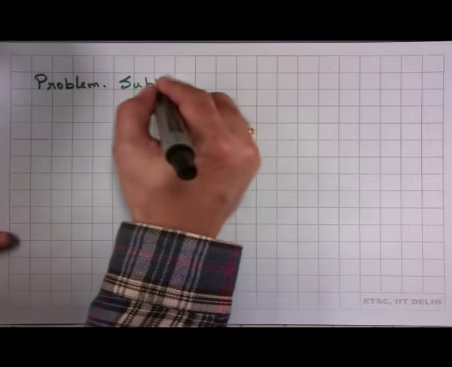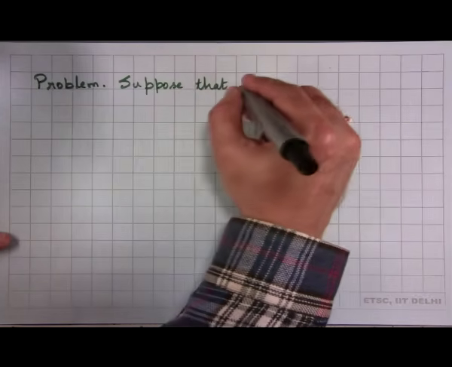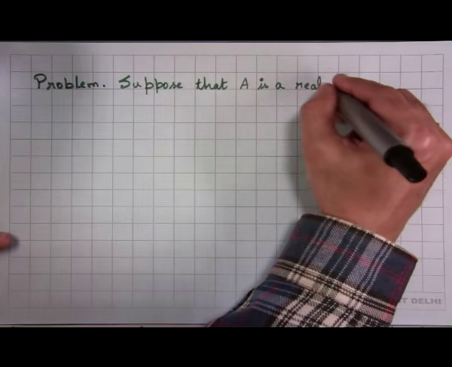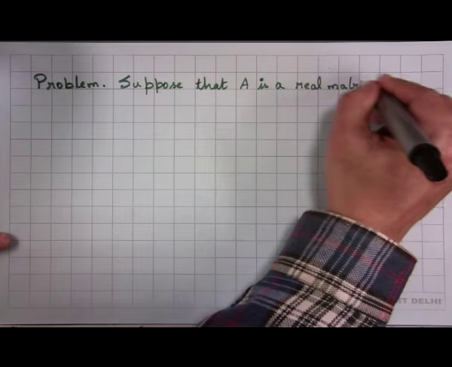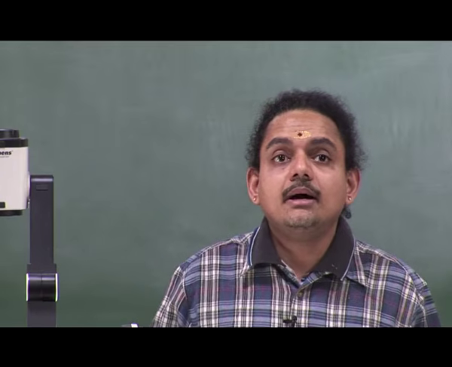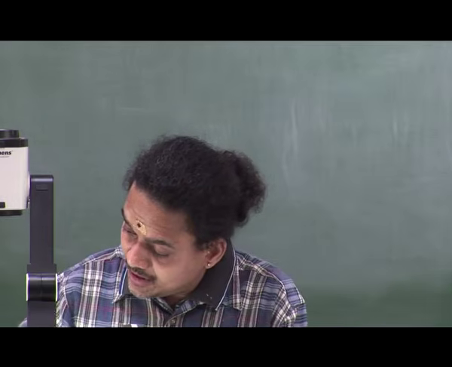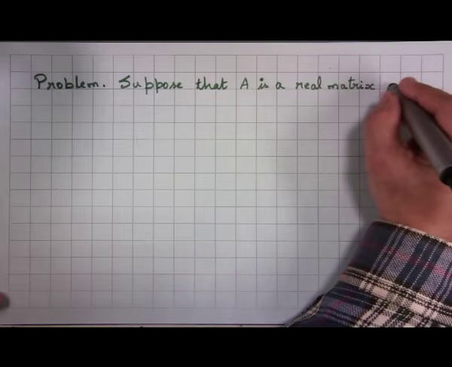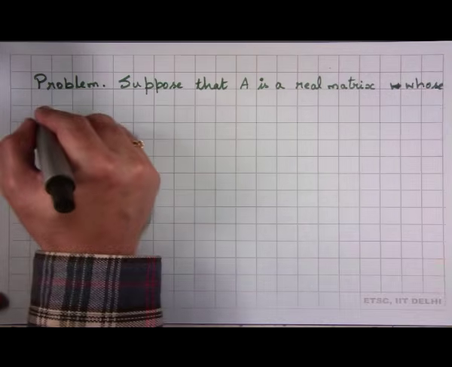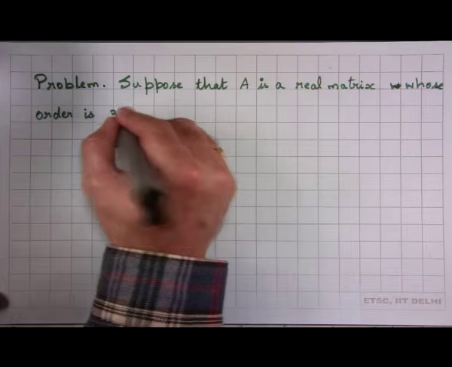Now, let us do a simple problem to calculate the entries of a matrix. Suppose that A is a real matrix. What does it mean by a real matrix? By a real matrix, we mean a matrix whose entries are just real numbers. A real matrix whose order is three by 2.